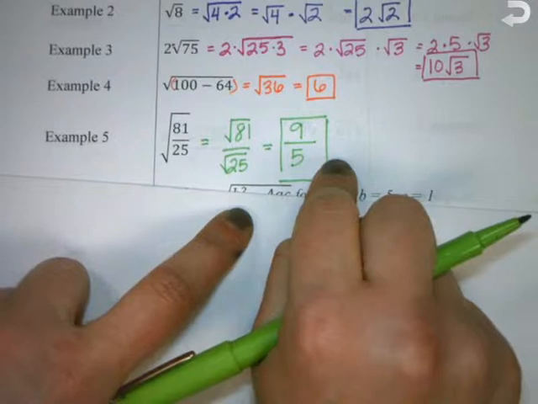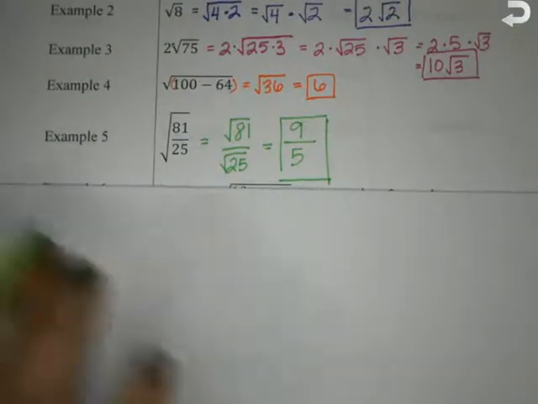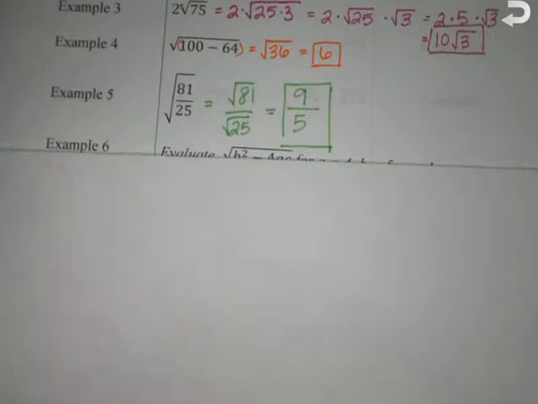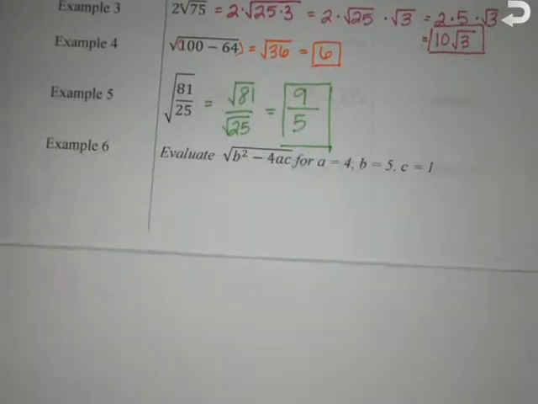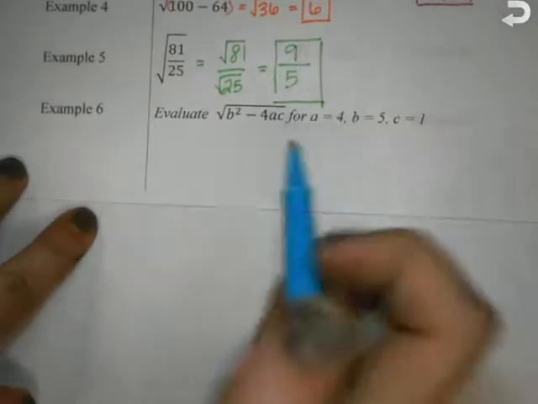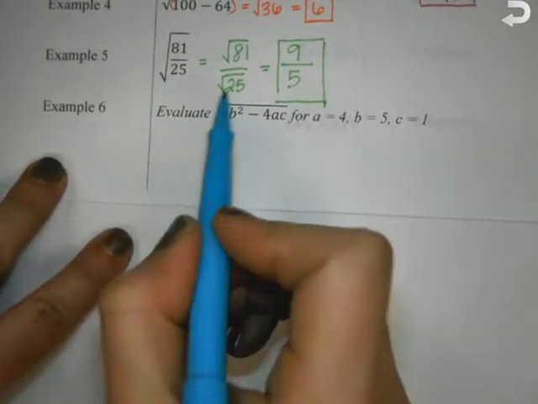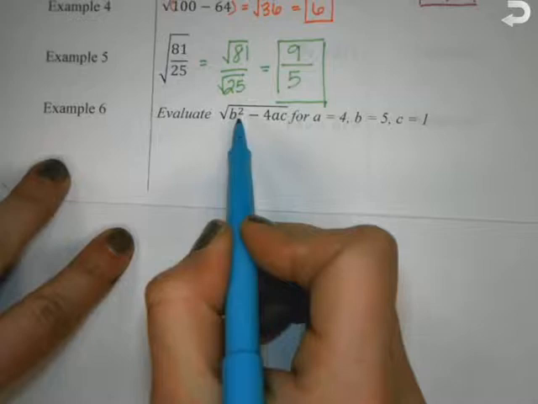Okay, last one. Last one is just a whole bunch of plugging in. There's a couple examples like this on your homework, and this is actually building on something else. Okay, so I want you to evaluate the square root of b squared minus 4ac for a equals 4, b equals 5, and c equals 1.